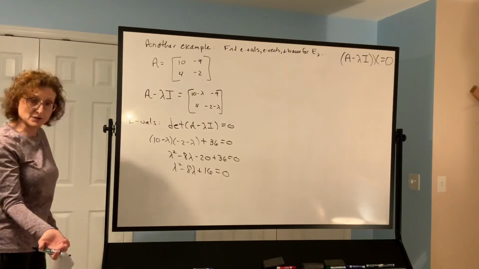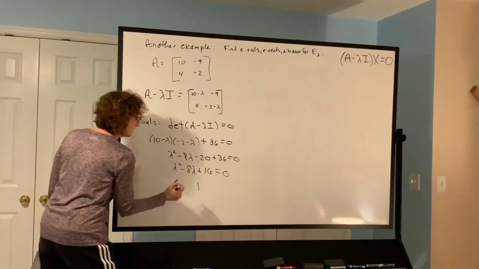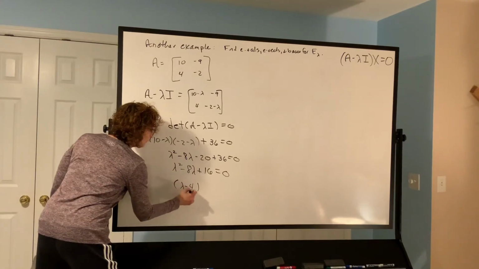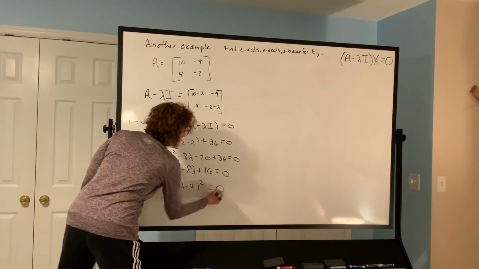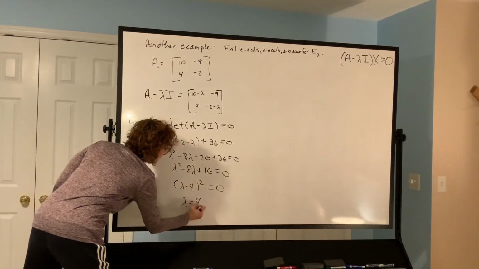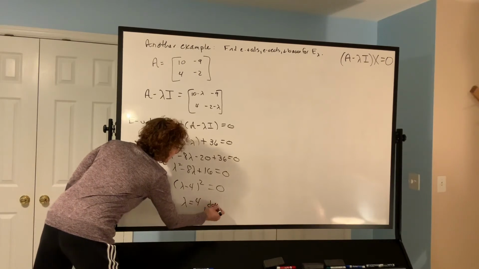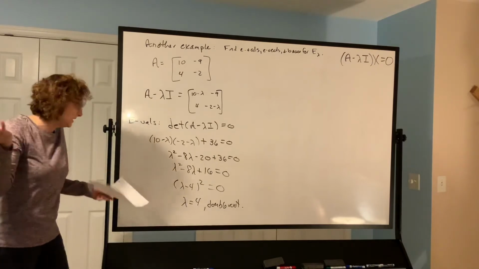Does this factor? Woohoo! Lo and behold, it does, into lambda minus 4 times lambda minus 4. So lambda minus 4 squared. What do we end up with? Lambda equals 4 is a double root, a repeated root. Well, what's going to happen in that case?